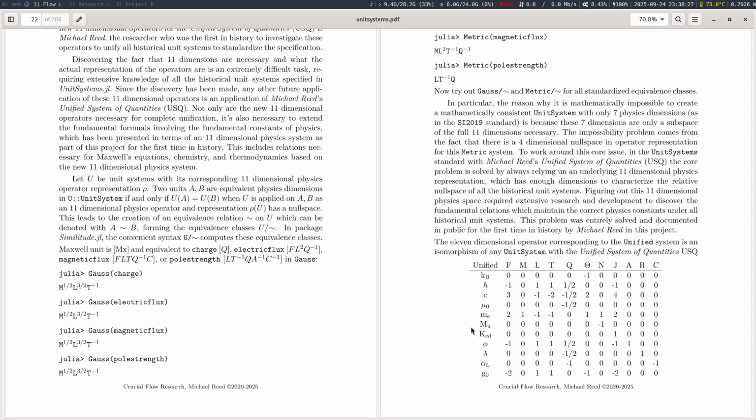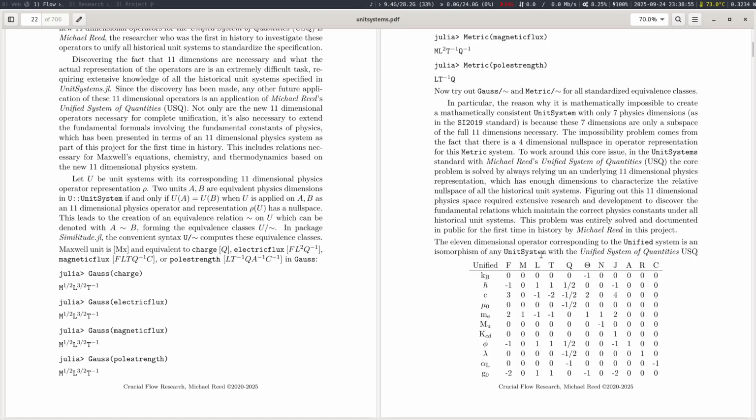So what this means is that it's the isomorphism of any unit system with the unified system of quantities. I proposed what a unified system of quantities should be, and then I defined what a unit system should be, and then this is the isomorphism between them.